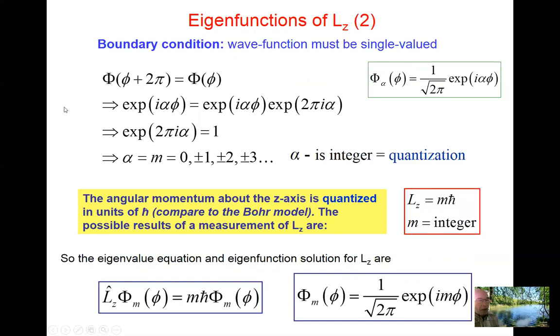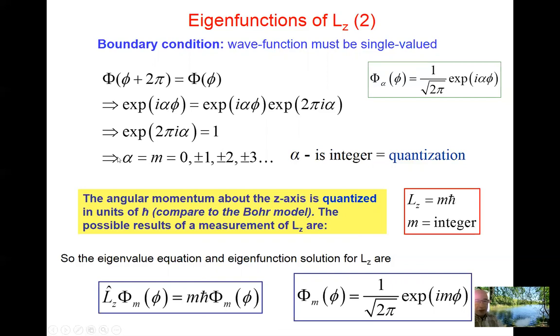So therefore, by imposing this condition that the wave function should be single valued, we find, and we need to go through the derivation of that, that actually alpha, which is an eigenvalue here, should be an integer, which can take values like 0, plus minus 1, plus minus 2, plus minus 3. And in that case, our wave function is single valued. So that is an important condition.